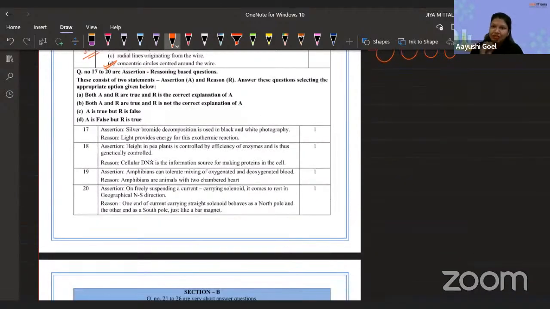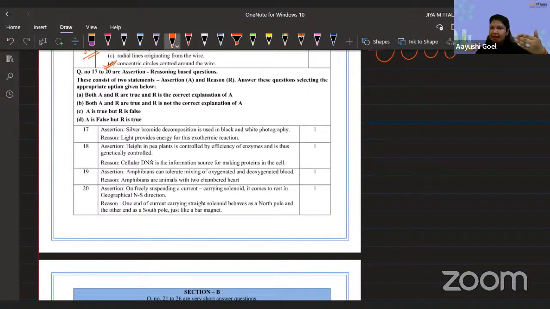Now, assertion and reasoning. The assertion and reasoning is very good for you. Those who are going for the medical option after this, or those who are going for the engineering option, in both cases in your entrance exam, you will be finding MCQs and assertion and reasoning questions. In the assertion and reasoning question, the same pattern is followed everywhere: A is the assertion and R is the reason.